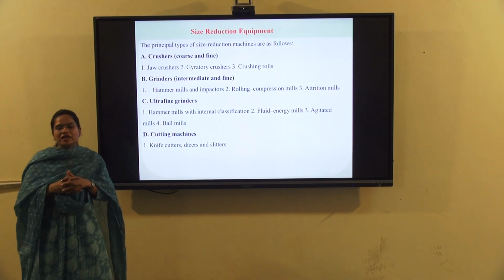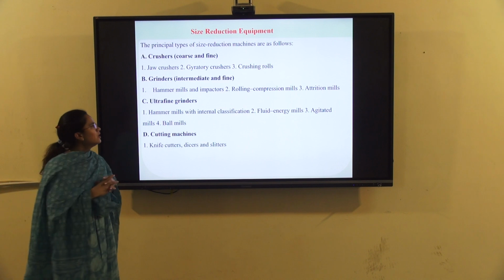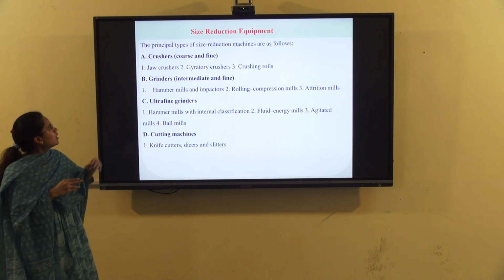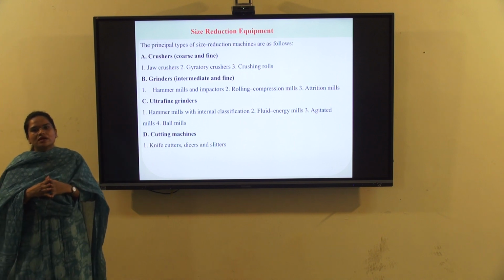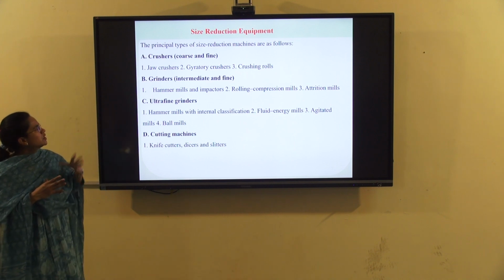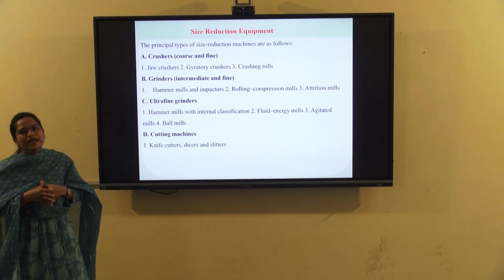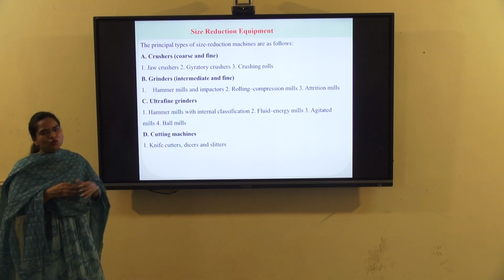There are different size reduction equipment used in the food industry. The first one is a crusher. Crushers are used for coarse and fine grinding. They include the jaw crusher, gyratory crusher and pressing roll.